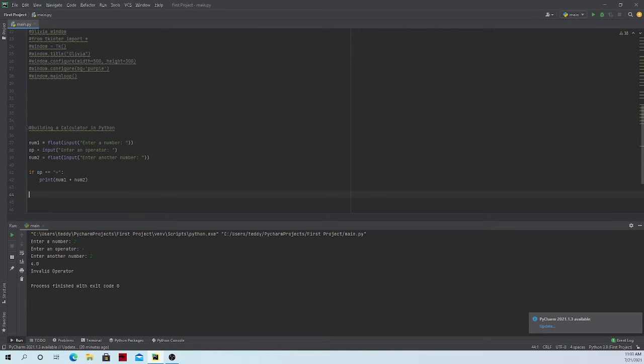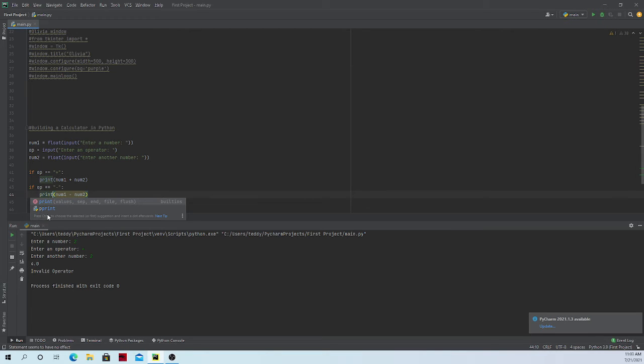But, Teddy, what if the operator equals minus? Okay, little Timmy, well, then we'll do num1 minus num2. So that's what we'll print.